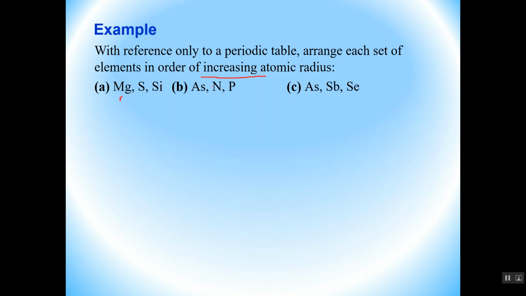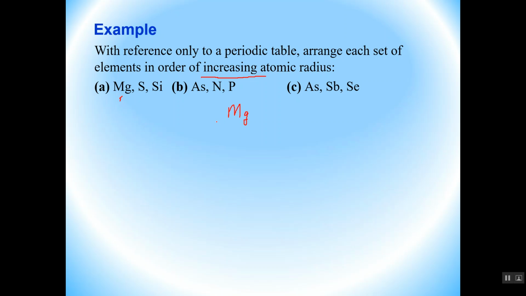So increasing means you start from the smallest and go to the largest, right? So if magnesium is the first one in this series, that means that magnesium is the largest one. So magnesium would be the last element in that series, Mg.